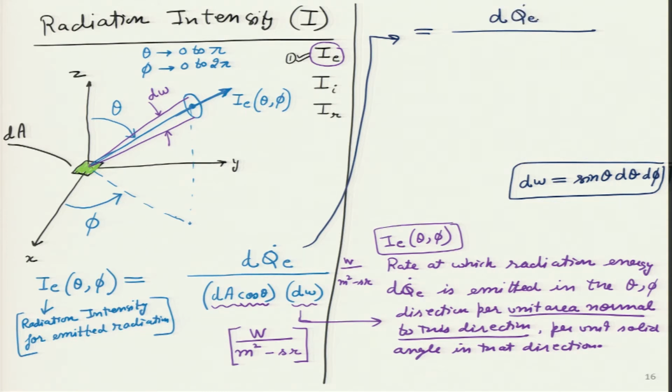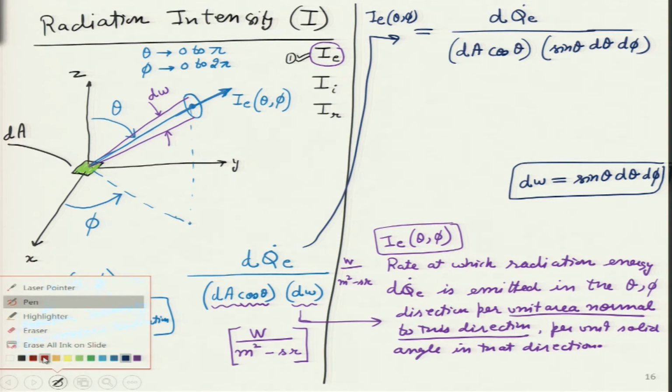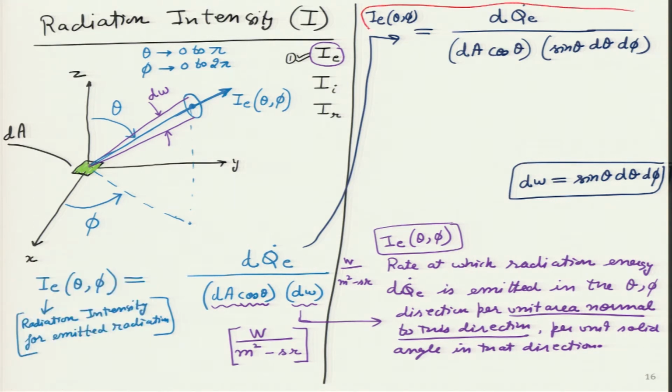I can write this as dq dot E over dA cos theta, which is the first term, and the second term is sin theta d theta d phi. On the left hand side I will write this is equal to I_E theta phi. So, this equation is actually very powerful. I will put a red boundary around it, and it will help us understand one or two concepts very nicely. For that I will use the next slide.